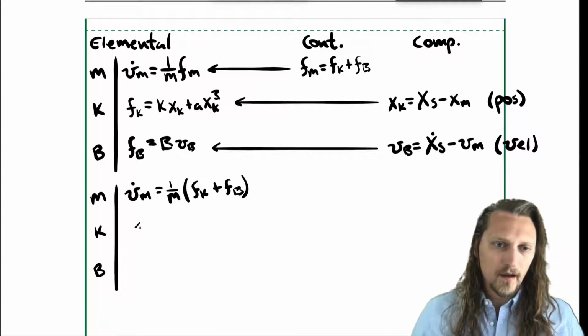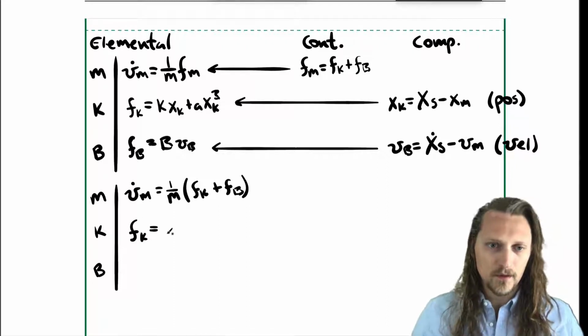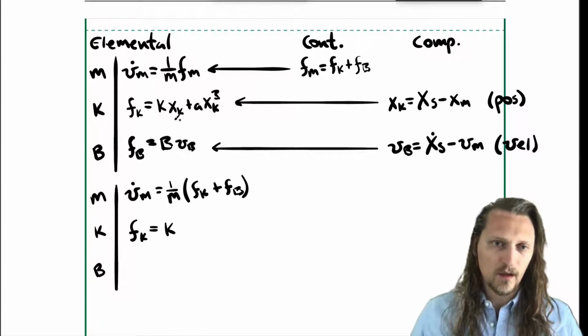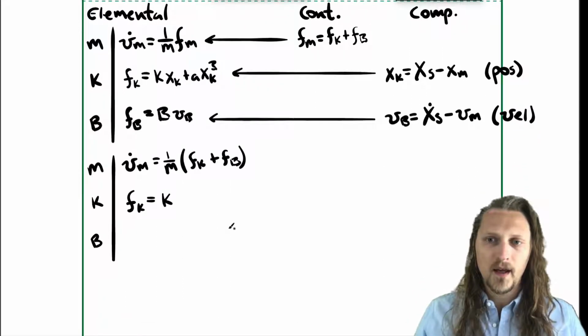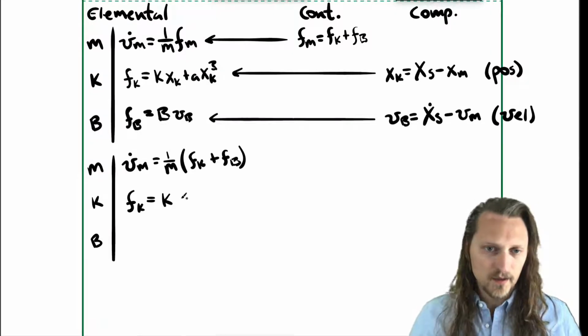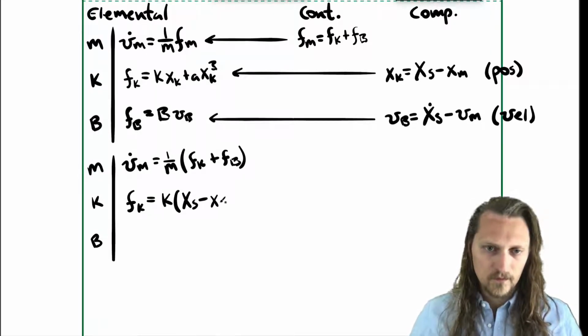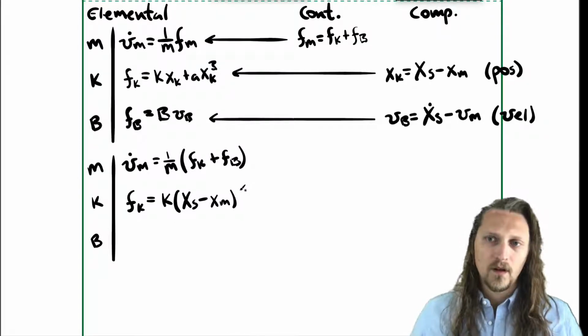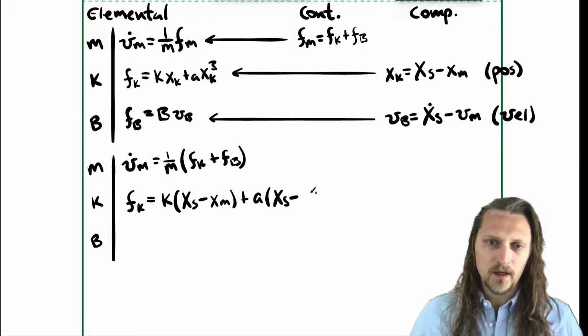And then Fk is equal to k, instead of being xk, we're going to put in xs minus xm, plus a times xs minus xm cubed.